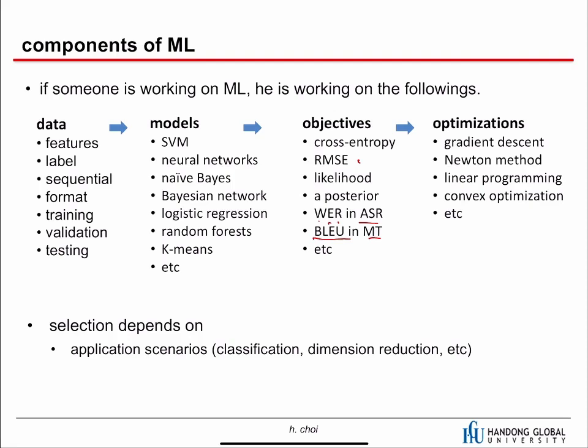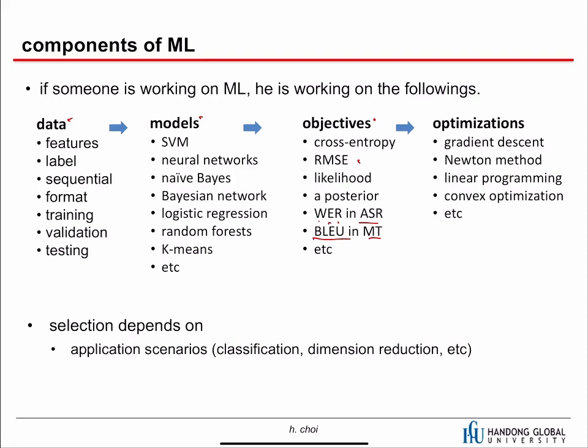Now we have data, models, and an objective function, so we have to actually train. We have to choose one of these optimization techniques, and with one of them, we train this model. As I said, this choice depends on the application scenario. Is it a classification problem, or do we have to reduce the dimensionality, or estimate some specific values, or recognize some things?